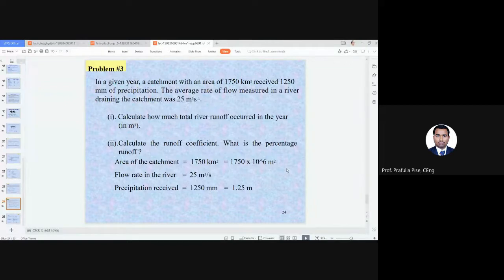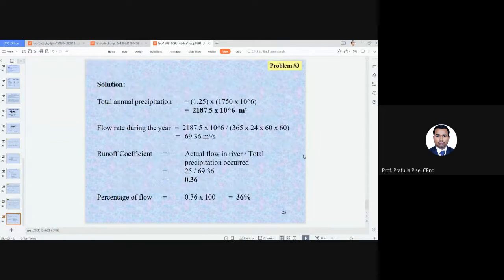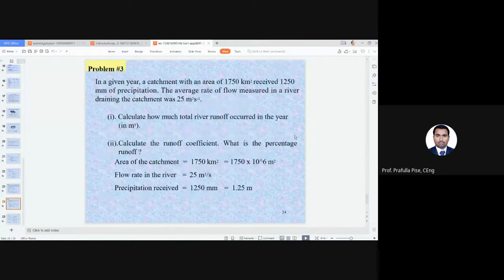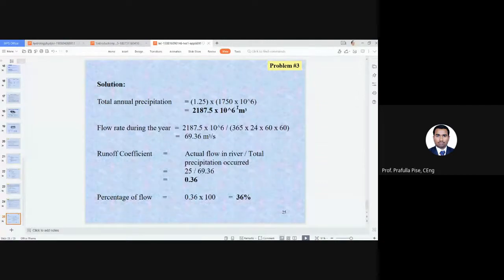Precipitation received is 1250 mm, which is 1.25 meter. Now the total annual precipitation is the precipitation received times the area, 1.25 times 1,750 times 10 to the power 6, which gives 2,187.5 times 10 to the power 6 meter cube. This is the answer in cubic meter.